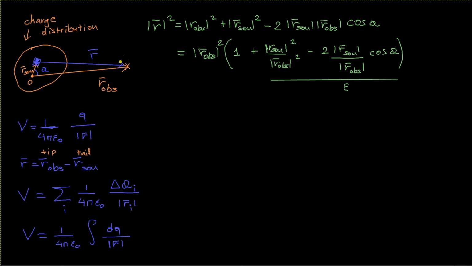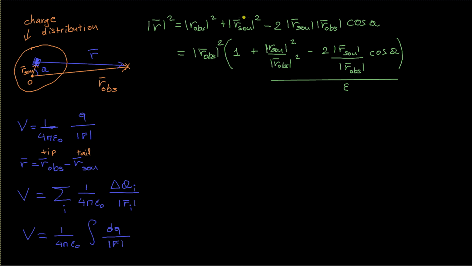I'm using the law of cosines in this triangle over here, where this is the angle alpha. This side of the triangle, r squared, is equal to r obs squared plus r source squared minus 2 times the product of the two times cosine alpha, where alpha is this angle.